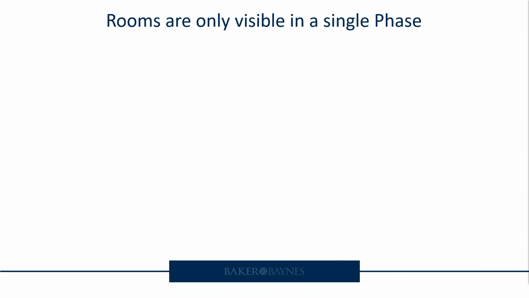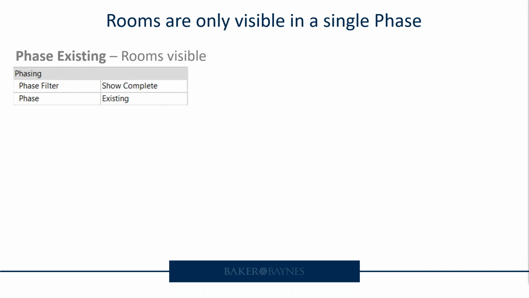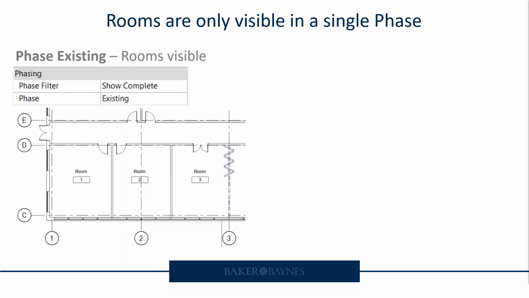Then also to take note of is that rooms are only visible in a single phase. So rooms sometimes, or actually all the time, behave quite strangely when working with phases. In other words, they will only display in the phase that they were created in. So if I'm working in an existing phase and I'm adding rooms, the rooms will be visible.